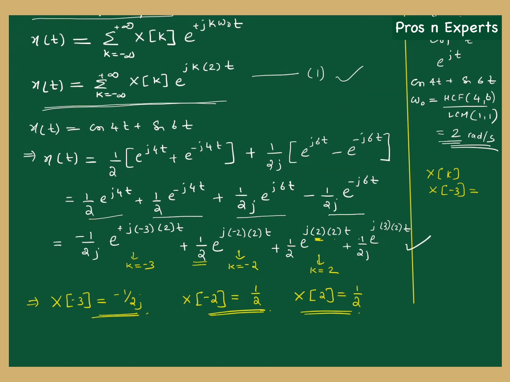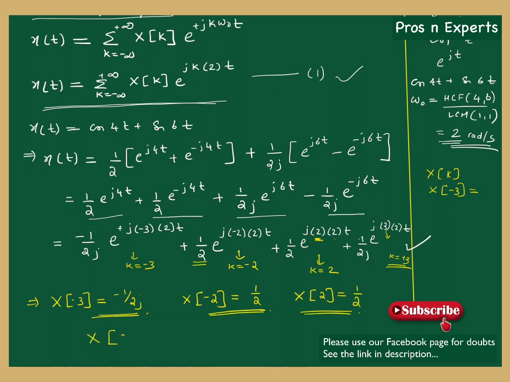Okay, and finally the last term gives you k equal to plus 3. And what is x of 3? I can write here, x of 3 is equal to the coefficient of the signal, that is 1 by 2j. So these 4 are the Fourier series coefficients of the given signal. Okay.